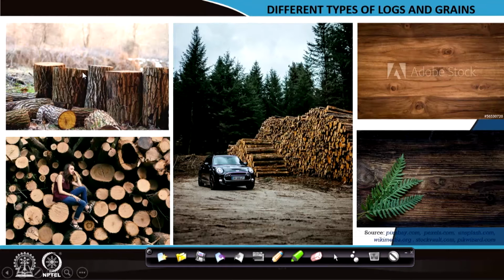You cannot carry huge logs, so they have been cut into a certain size and will be transported later, as you can see in this picture. Here are some logs where you can see a human figure, from which you can understand the size of each.